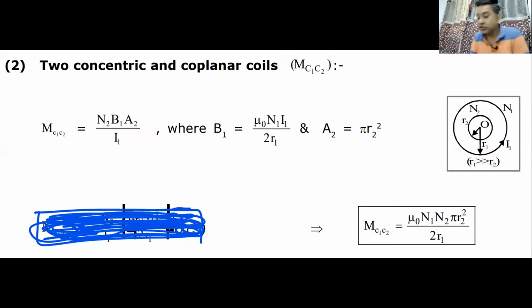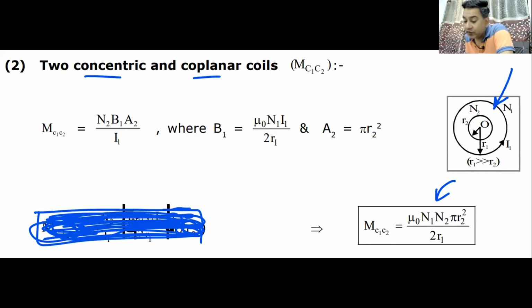Then we come to the next point where we have two concentric and coplanar coils. Remember, the formula looks a bit more complicated. R1 is the radius of the outer coil and R2 is the inner coil.